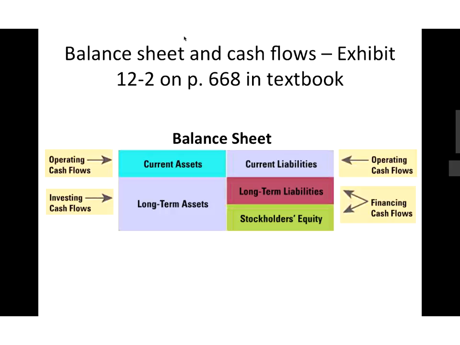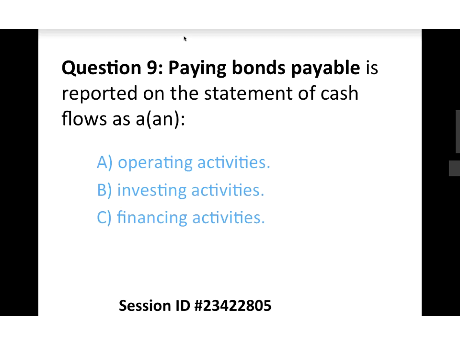This is bonds payable. Whether we're issuing a bonds payable or we're paying it off, whatever it is, it's bonds payable. Bonds payable is a long-term liability. It means it has to be a financing cash flow. So I'm going to close this question in about 10 seconds. Again, a bonds payable is a long-term liability.